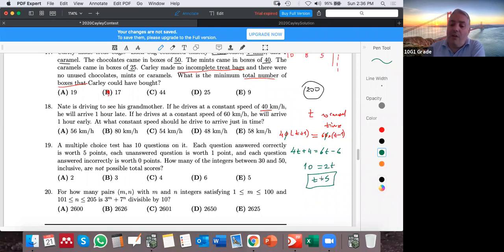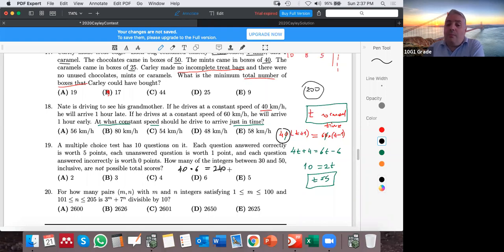At the beginning, how did we take it? We said that T is the normal time. So the question is asking, at what constant speed should he arrive just in time, in the normal time. So let us find the distance first of all. So 40 times T plus 1, which is 5 plus 1, 6, so 240 is the distance.